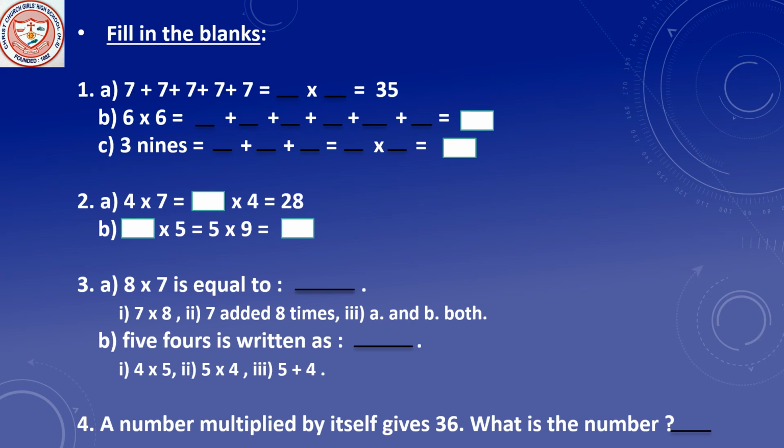You can solve this problem by following the order property of multiplication. Okay. Number B, dash into 5 is equal to 5 into 9 is equal to dash. Again, you have to solve this by using the order property of multiplication.